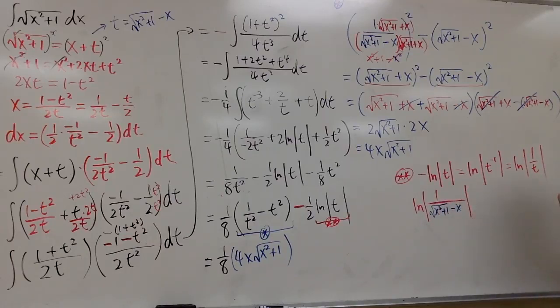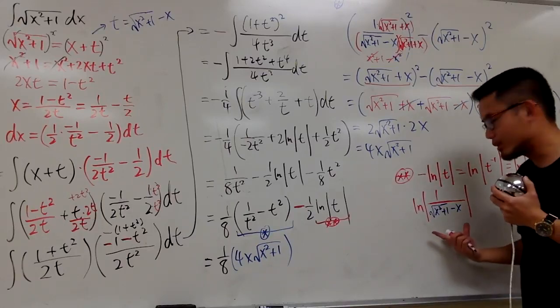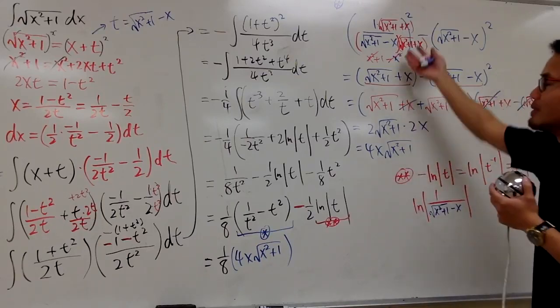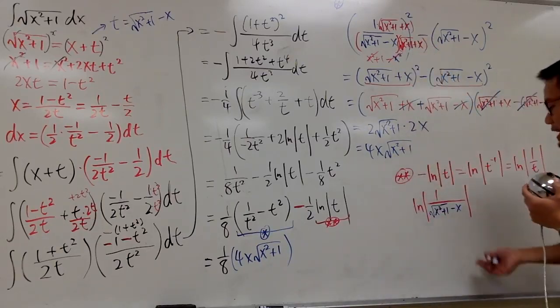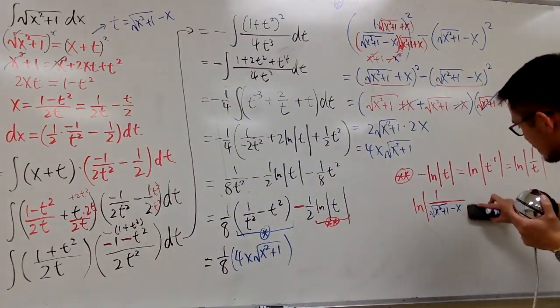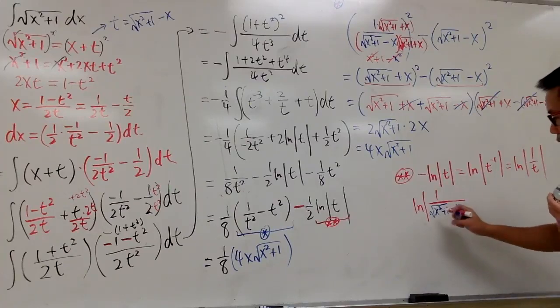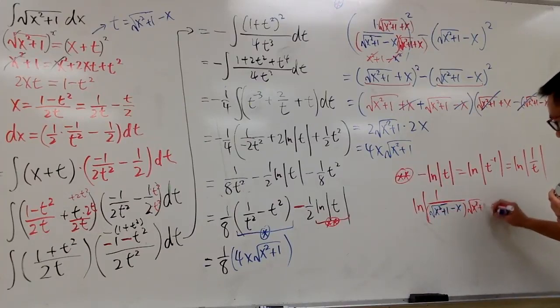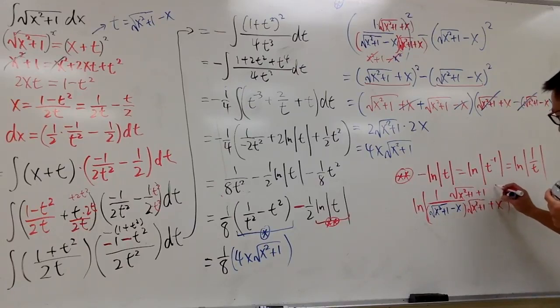All right. So what are we going to do with this? Same deal right here. We are going to multiply the top and bottom by the conjugate, right? So I'm just going to erase this a little bit because I want to multiply this by the conjugate, which is the square root of x squared plus 1, and then plus x on the bottom, and also do it on the top, x squared plus 1, and then plus 1, like this.